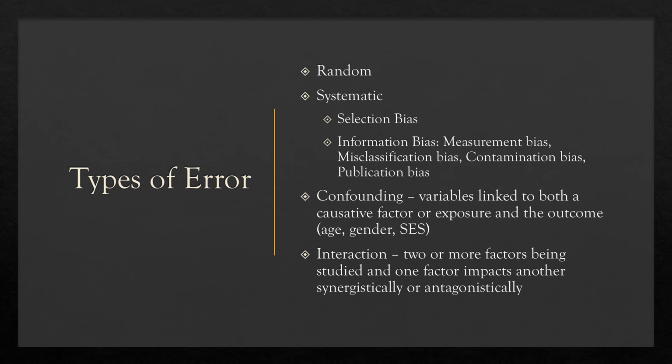Information bias, there's several types of information bias. The chapter goes into a ton of them. I just want to point out a few of them. Measurement bias is a form of information bias. It occurs during data collection, so it can be something as simple as the tool that you're using has a scale on it that's 1 to 5, and everybody chooses 3 because they don't want to hurt the feelings of the person conducting the study.